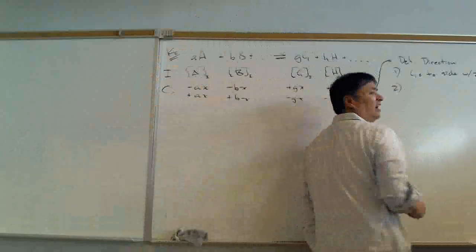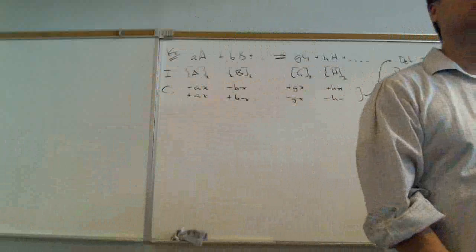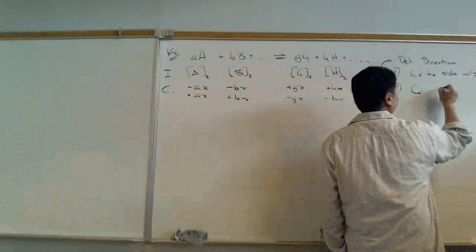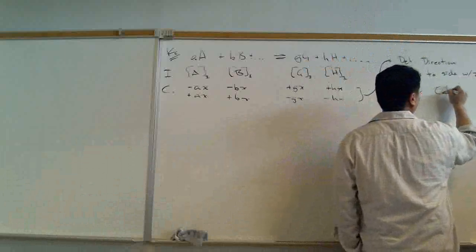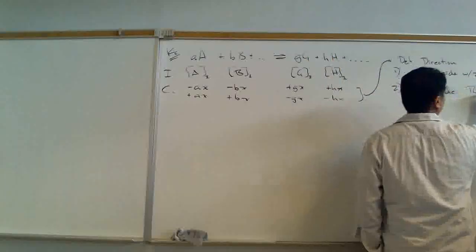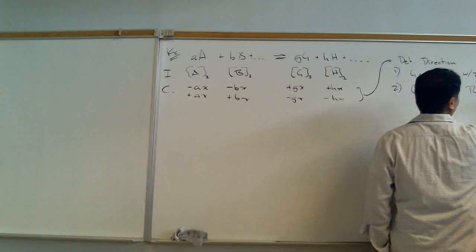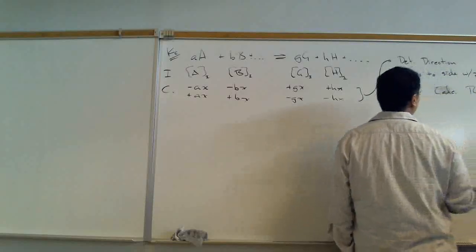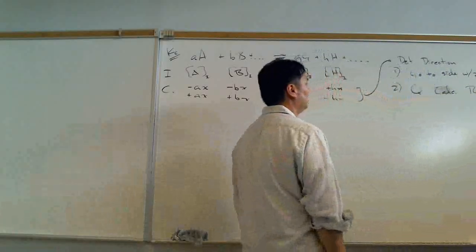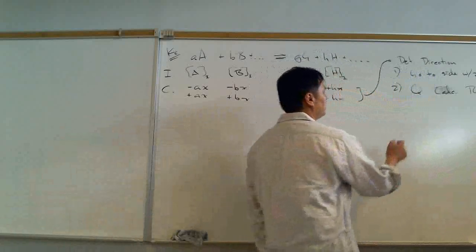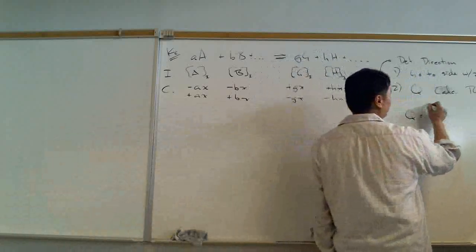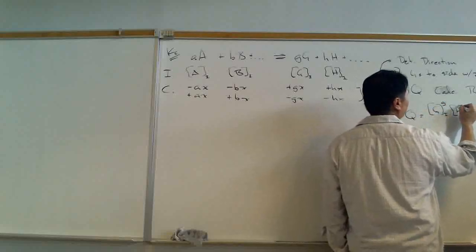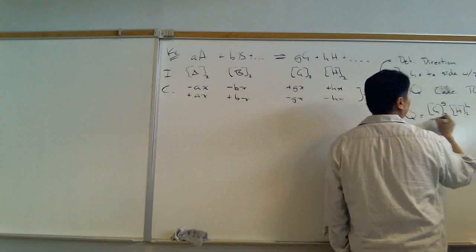Or two, if you can't tell, we do something called a Q calculation. Q is something called the reaction quotient. What the Q is, is this: you just take the ratio of the initials. So it would be G initial to the little g, H initial to the little h, and so on.